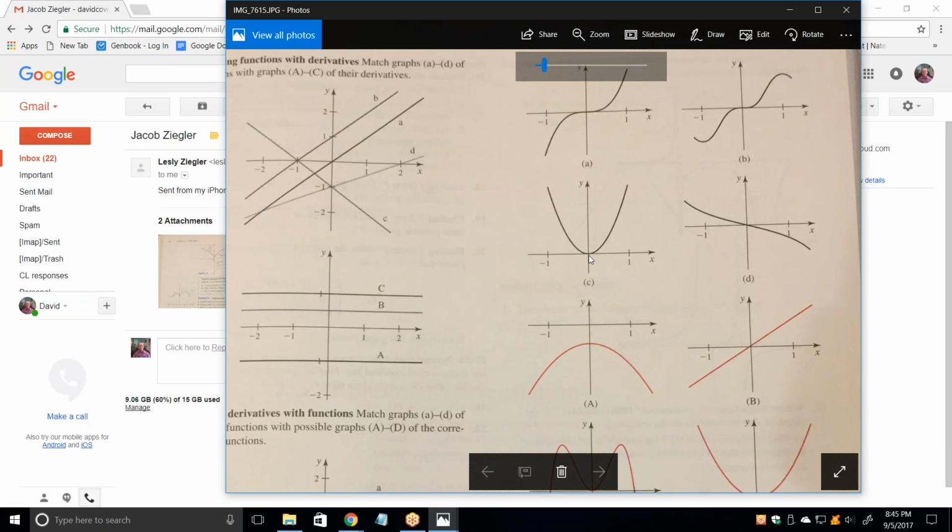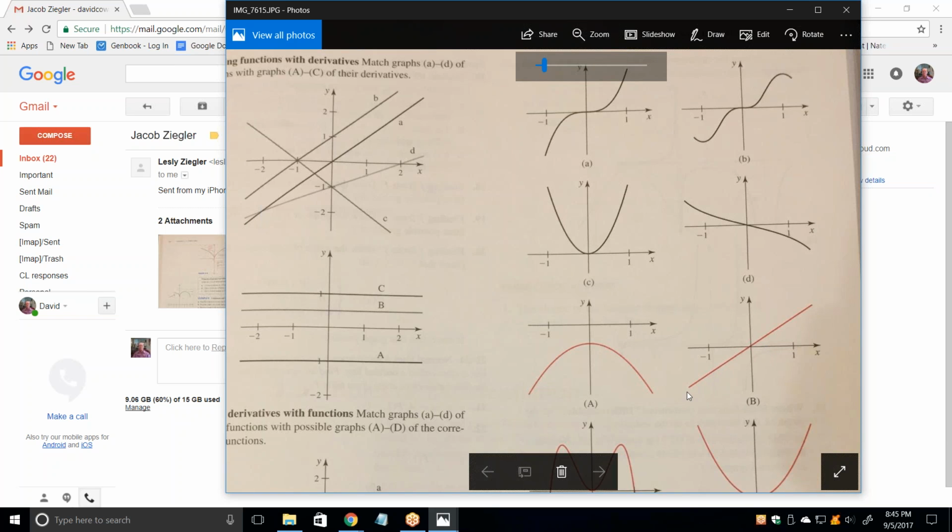And then from there to there, the original function is increasing. First derivative is positive. And do not, the hardest thing to do in calculus is to distinguish between positive and increasing. Okay?